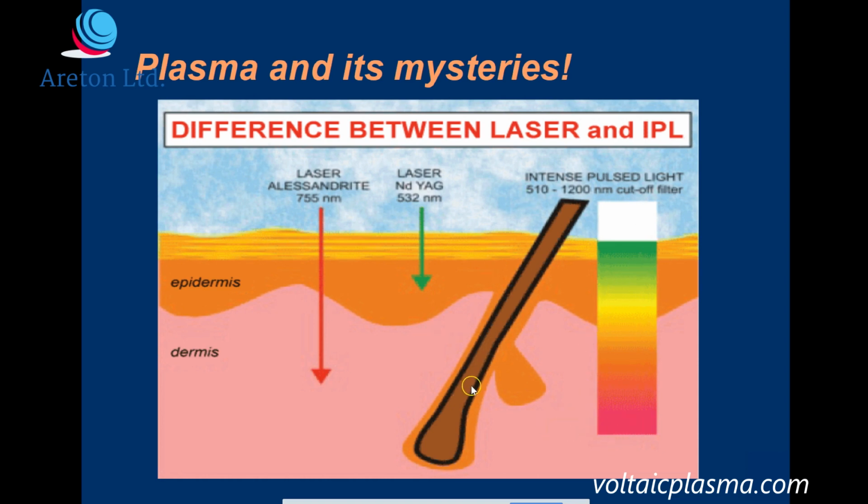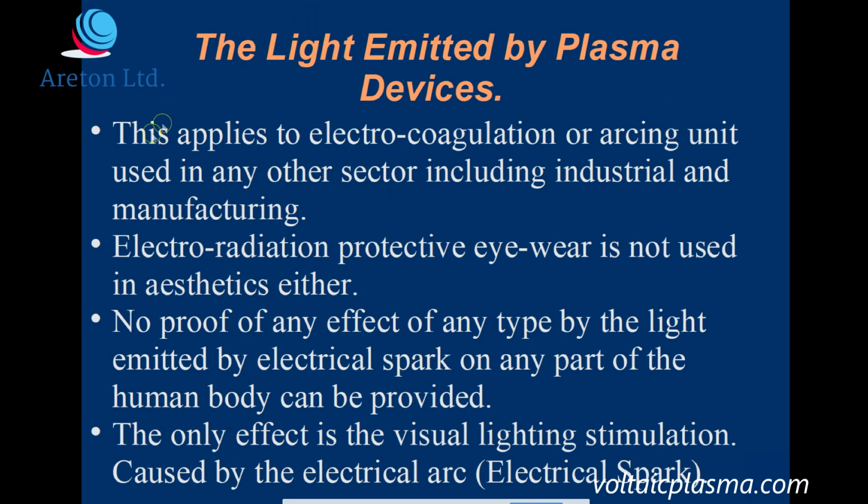This is one of the reasons why IPLs have been used over the years, because you get a broadband light, and because it's a very intense source of light, it is capable of getting into the skin up to that bulb in there, so that it will eventually die away after a few treatments. Now, the light emitted by plasma devices.